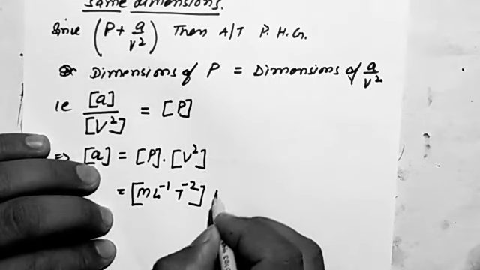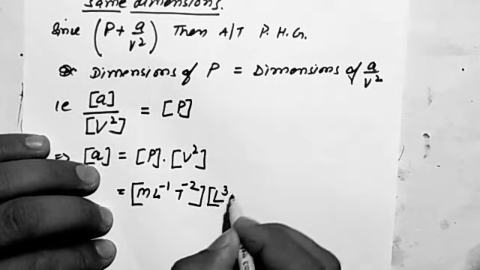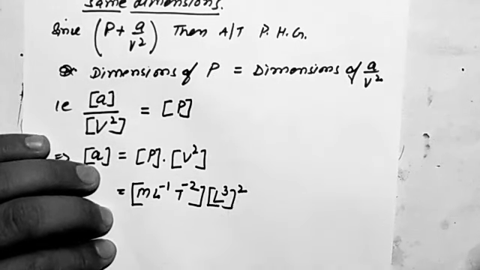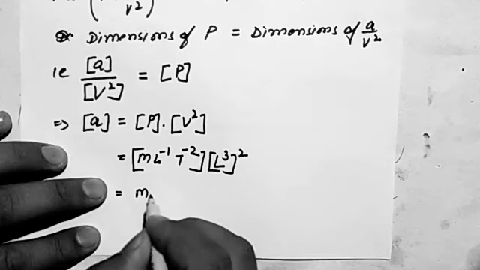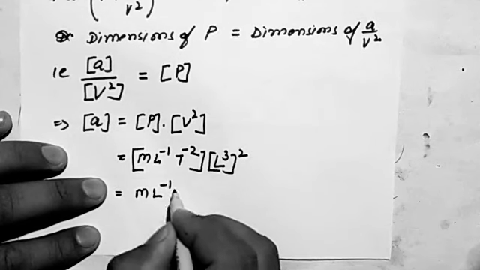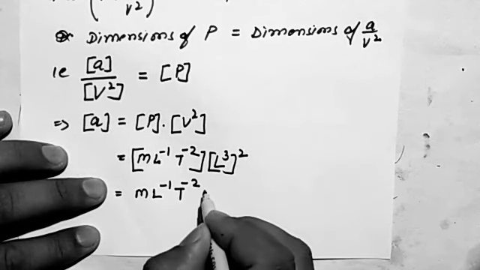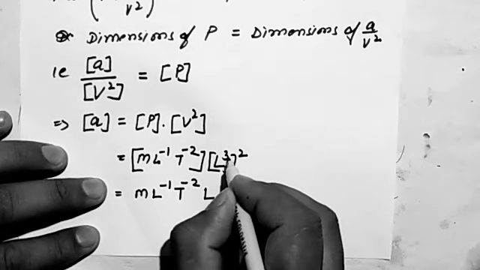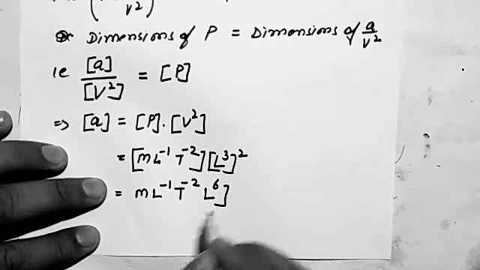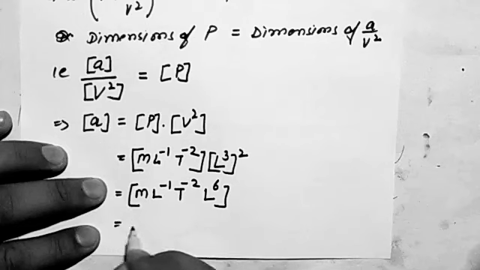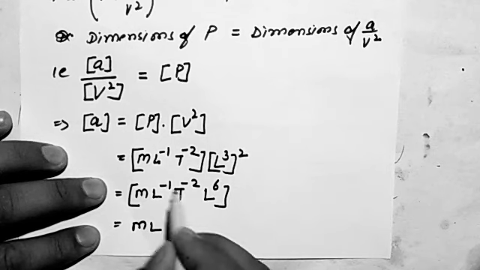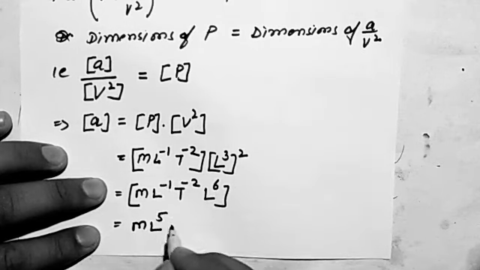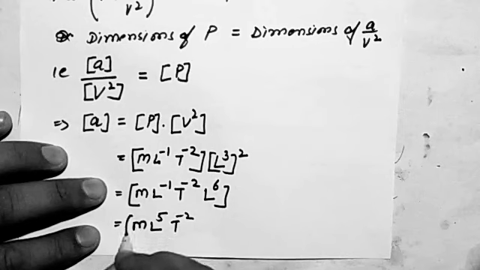That of volume is L³, but it is in square, so put the square here. Solving this, you get M L⁻¹ T⁻² L⁶. Combining, the power of L is −1 plus 6, which becomes 5, and T power is −2.